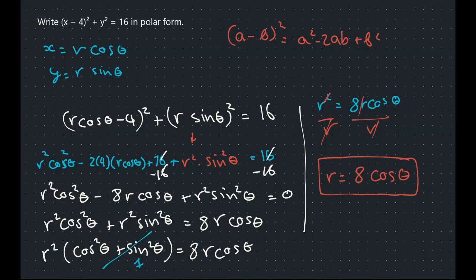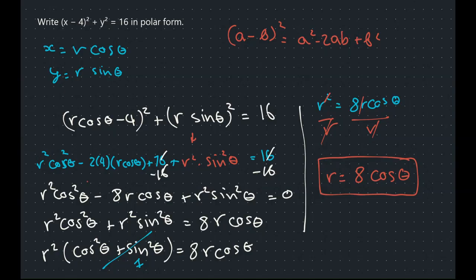To revise, the first step was that I distinguished what x means and y means, and based on that I replaced the x with r cosine theta and the y with r sine theta. And then what I did is I broke this power here, using this theorem here.